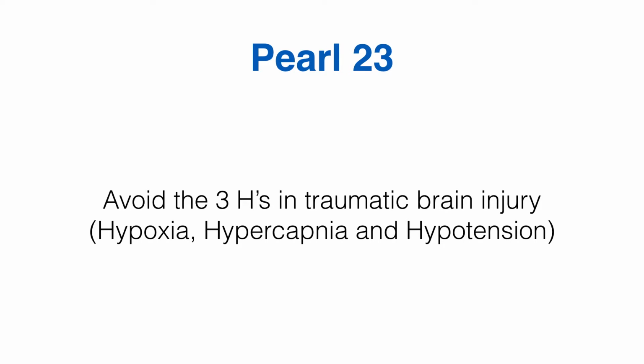And like I say, your targets are going to be slightly higher than normal. If you want to find out more about that, there is a separate episode on raised intracranial pressure, which you can find in the podcast or on the website, paediatricemergencies.com. So avoid the 3 H's in traumatic brain injury: hypoxia, hypercapnia and hypotension.